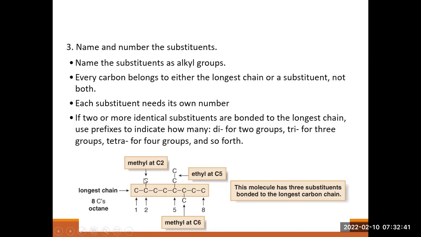So this is the lowest number in the chain, but that's why it's methyl, methyl, methyl, and then ethyl will be the one with 2 additional carbons in the length. This molecule has 3 substituents bonded to the longest carbon chain.